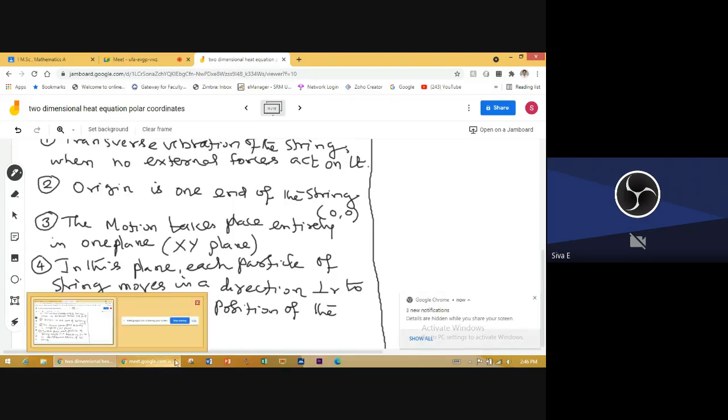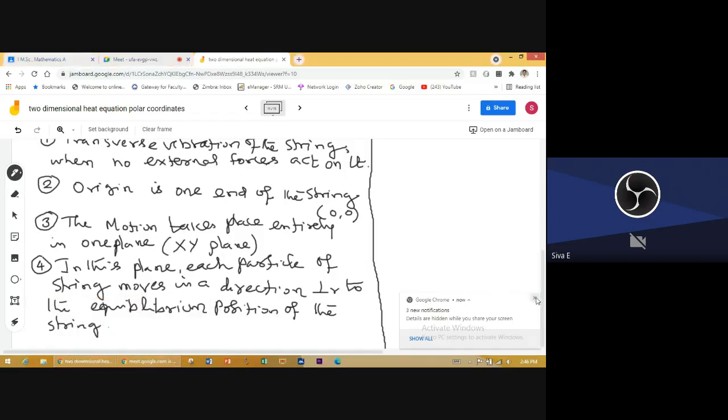Equilibrium position of the string. What is called the equilibrium position?